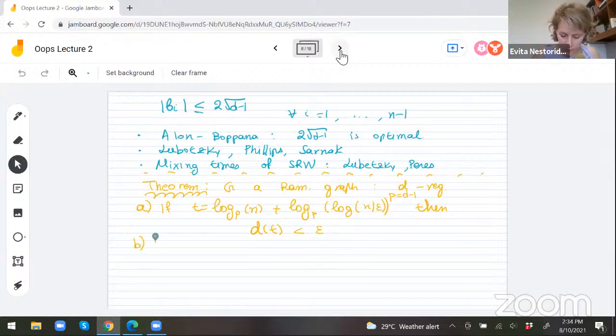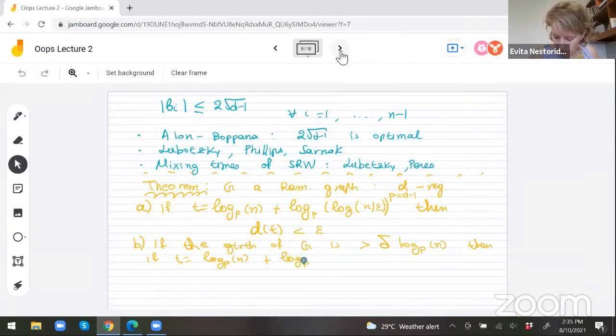But the second part is that if we further assume that the girth of G is bigger than a constant times log n, so delta is a constant, then we can get a better window: if t is log_P n plus log_P 1 over epsilon, then the total variation distance is less than epsilon.